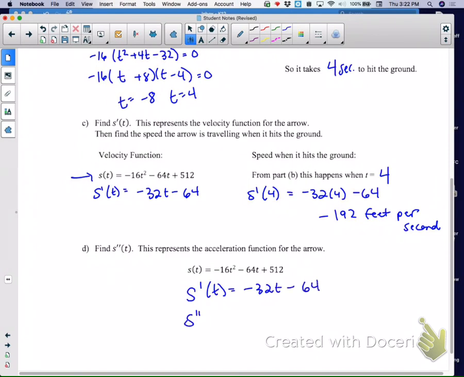So the derivative of that would be negative 32. And the units for that are feet per second squared. Now, I can't really give you a good explanation as to why that is, but that's the typical unit there for acceleration.